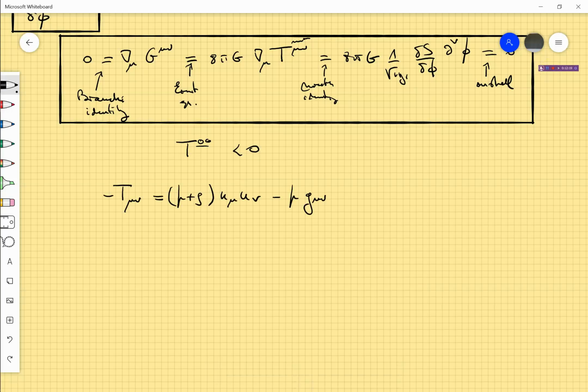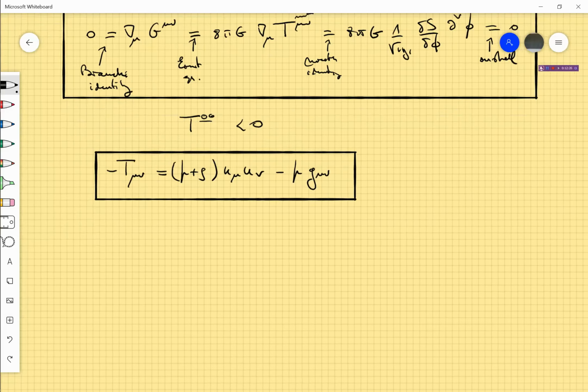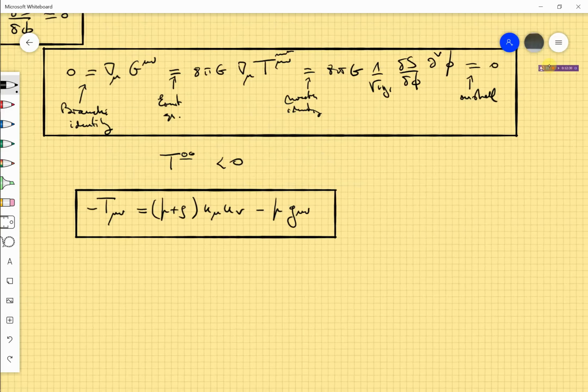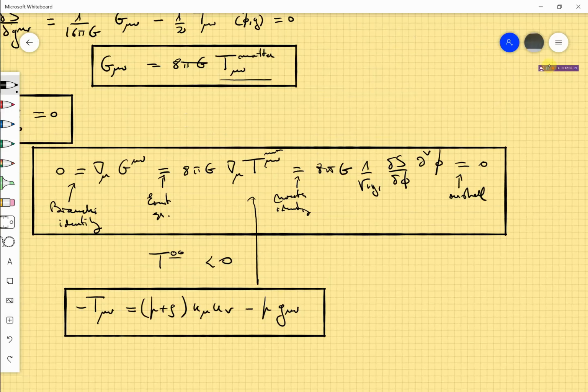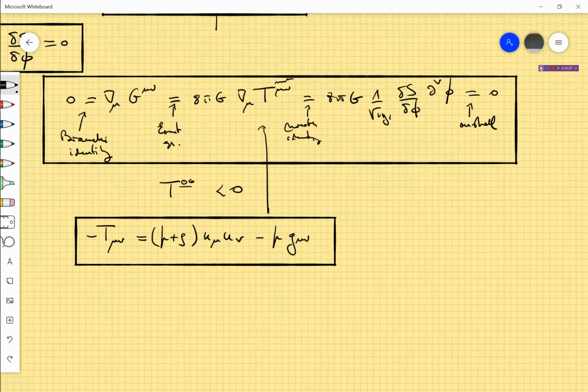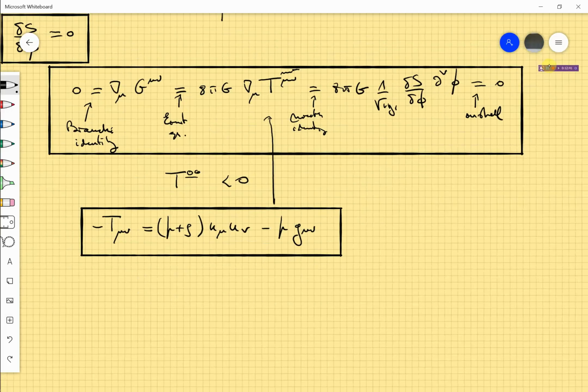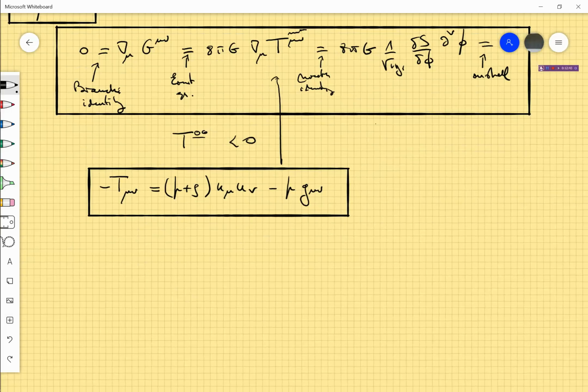So instead of eta mu nu, you have g mu nu. If you couple, now you can substitute this into the Einstein equations, and because of this chain of relations which is in this big box, consistency will demand that this is 0 on shell.